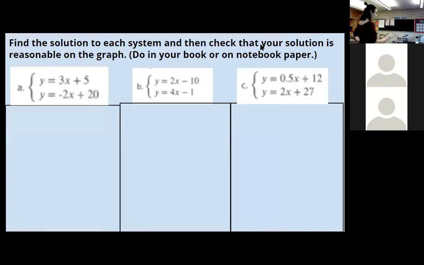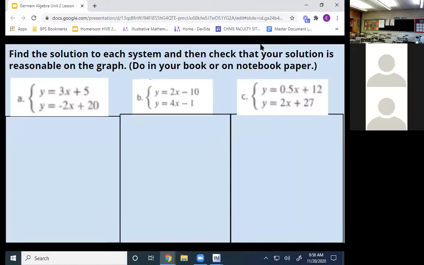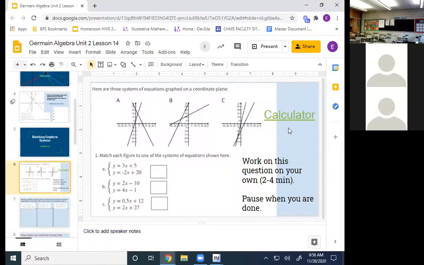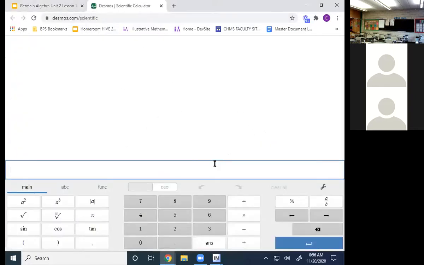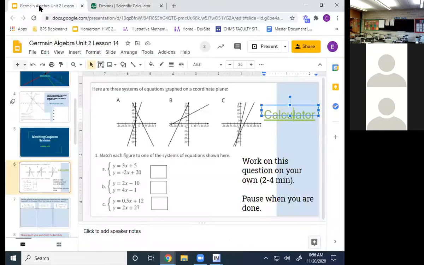If you click on that word that says calculator in the slides here, it will open up this Desmos calculator for you. I know you guys have your phones, but I wanted to link it in case you need it, because we will be doing a little bit of simple multiplication, addition, subtraction, and division, okay?